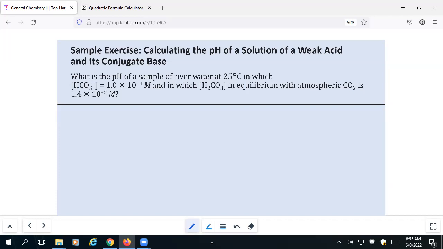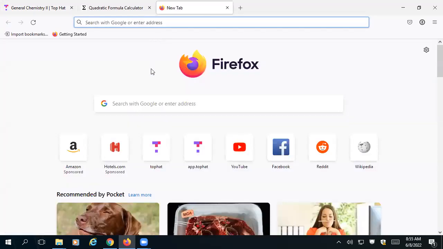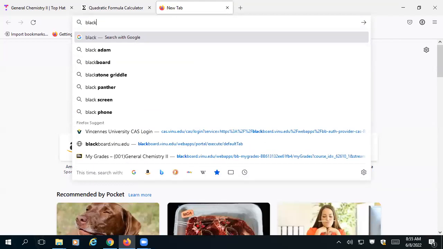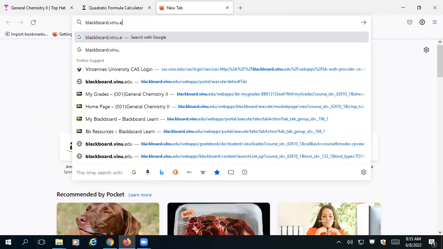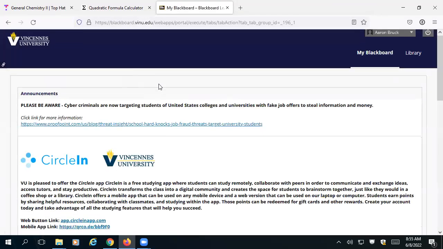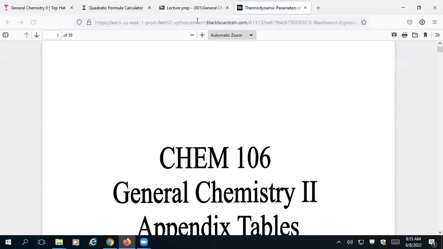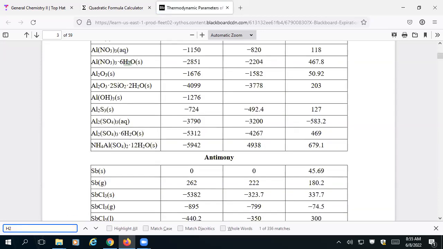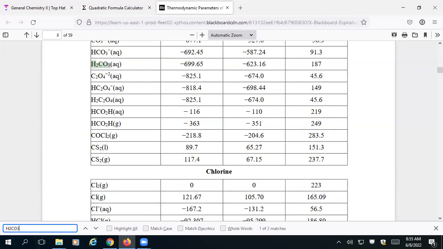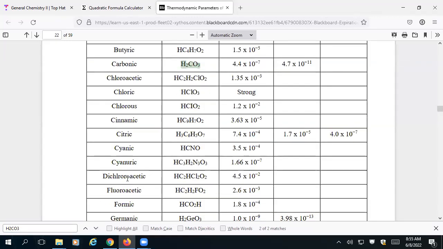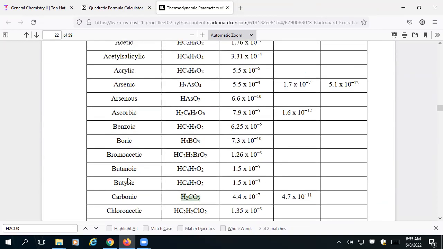So we're going to have to pull that up. All right, so the Ka for carbonic acid is 4.4 times 10 to the negative 7th.